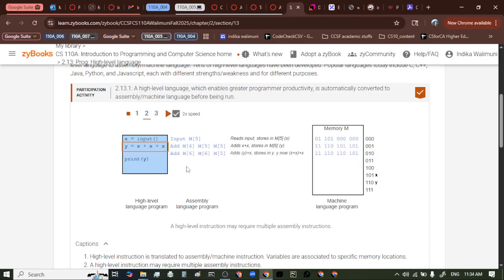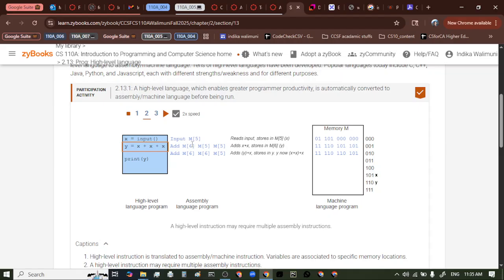At M6, M5, M5, right? So first we're gonna do this x plus x, and it's gonna store in M6, right? And that's going to be y, and then to y we're gonna add one more x, right? So first M5 is going to store the y's value, right?